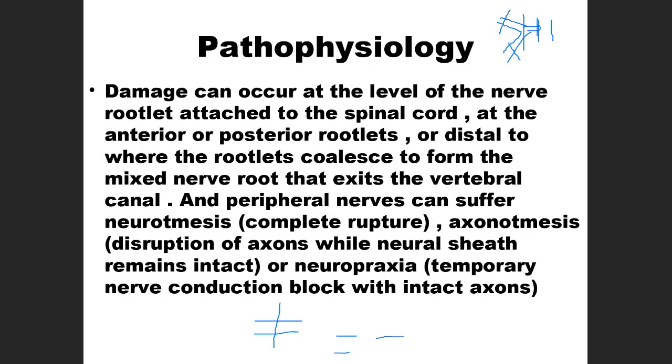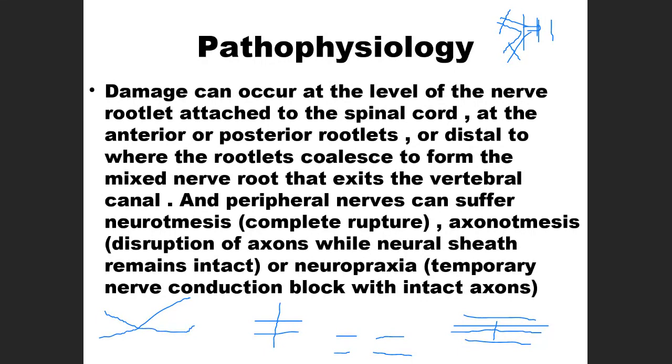That is neurotmesis. In axonotmesis, there is a covering sheath and there is axon inside. The axon is cut, but the neural sheath remains intact. That is axonotmesis. Neuropraxia is where there is a kink or compression.